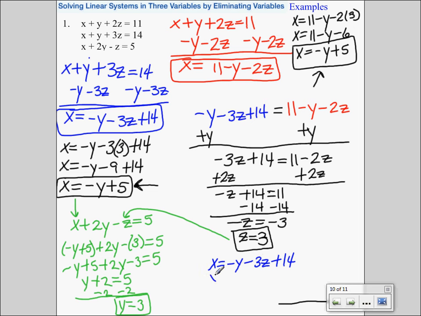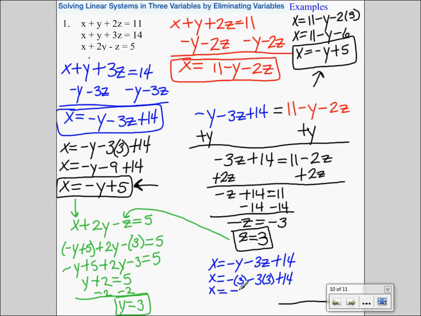Since we know what y and z are, let's just go through and plug in. X equals a negative y, which we're going to replace with 3, minus 3z, which we'll replace with another 3, plus 14. Remember, we replaced the variables with what we found them to be equal to.